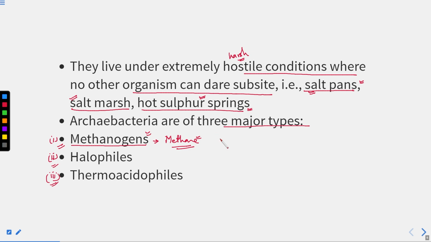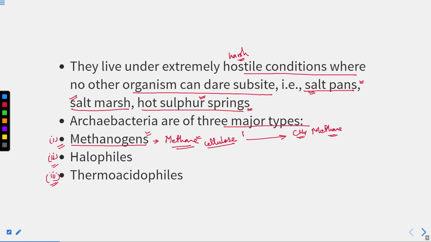So if you go around any cattle like cow or buffalo, right? When you stand just beside those cattle, you can smell this methane gas. So how is this methane gas coming from their body? Because in their intestine a lot of cellulosic material is there, and these bacteria consume that cellulose and give rise to methane, right?